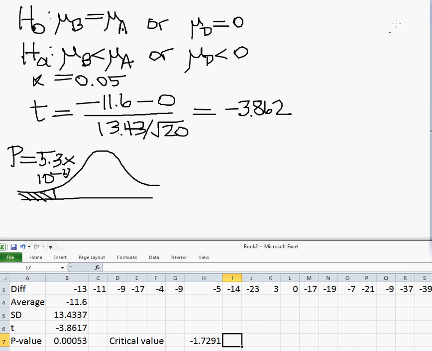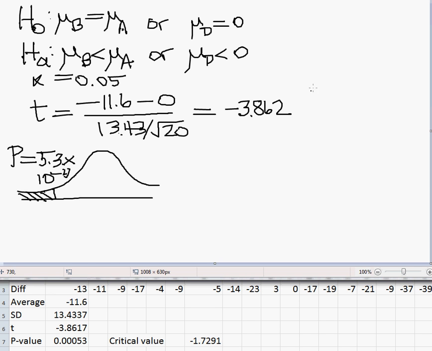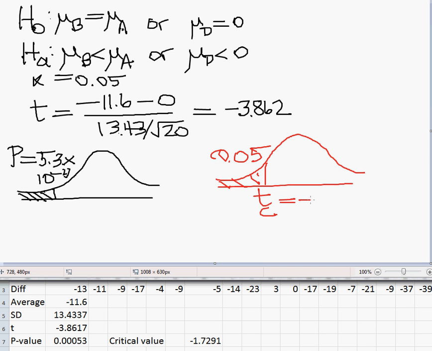So that would be the picture over here. If I specify the area in red to be equal to 0.05, then the critical value is equal to negative 1.7291.